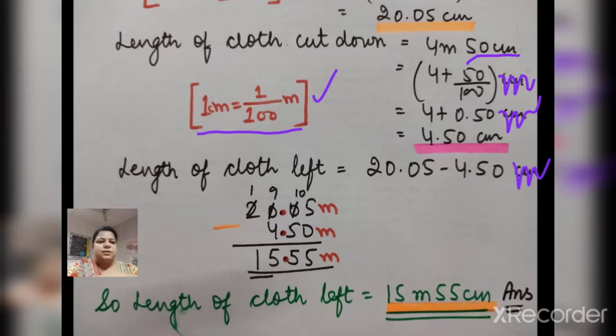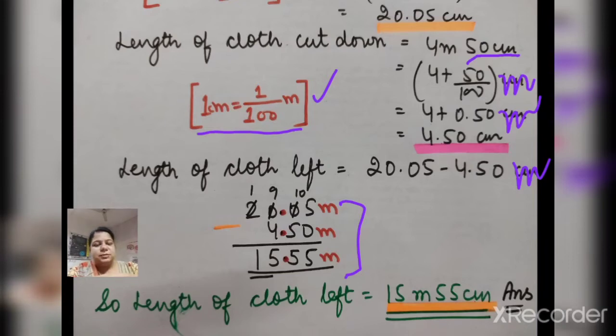So now again it becomes 4.50 meters, and to find out the cloth left, what we need to do, we have to subtract the length of the curtain from the total length of the cloth. So 20.05 minus 4.50 we have done here as the simple subtraction.